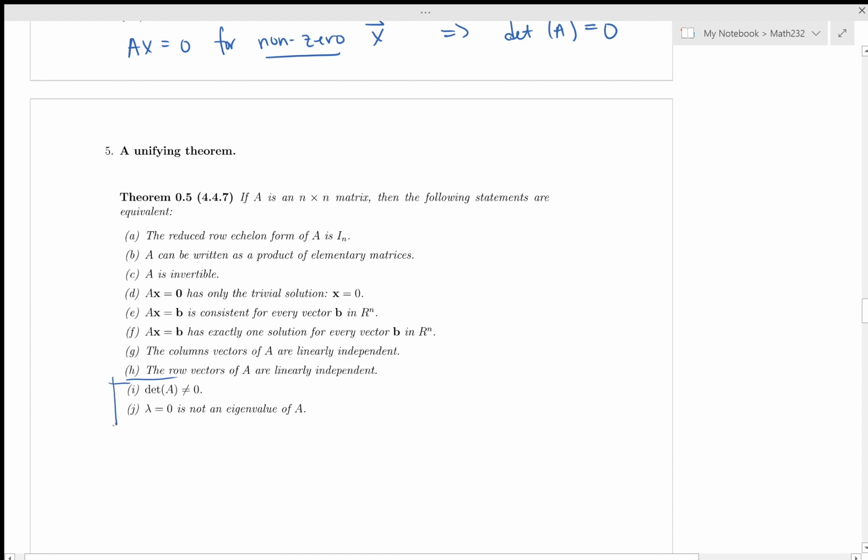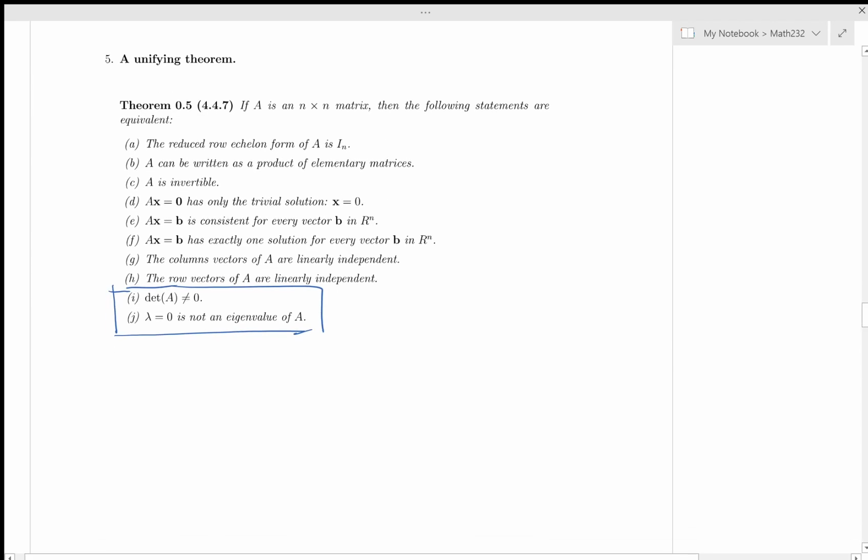This thing just keeps getting longer and longer. We're now up to J. We started out with A, B, and C, I think was our first one, and now most lectures we've been adding to this thing. So we want to recognize that all of these statements are equivalent. So this one that's been added here, what is the reasoning for that? We just saw that det A equals 0 if lambda equals 0 is an eigenvalue.